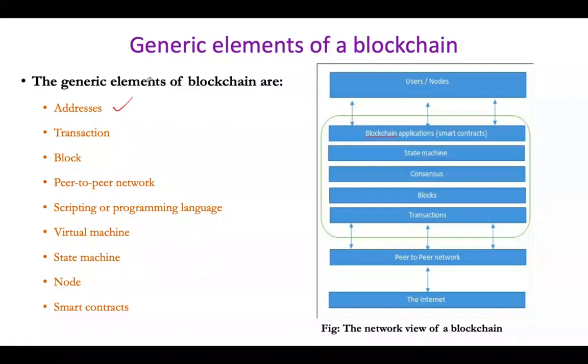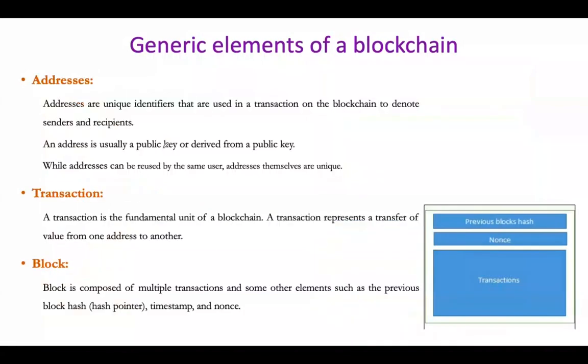So what are the addresses in a blockchain? Addresses are unique identifiers that are used in a transaction on the blockchain to denote senders and recipients.